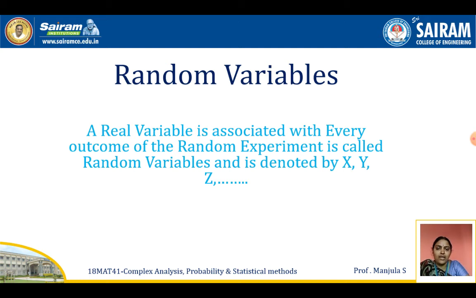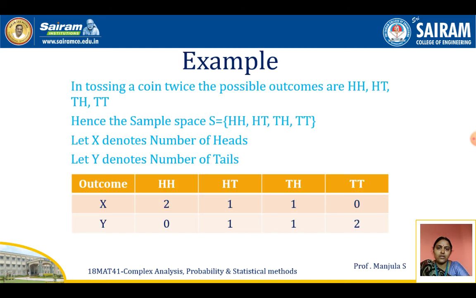So already I explained about random experiment. If you go for any random experiment, we will get some outcomes. Instead of writing those outcomes in words, now I am going to use some real numbers. So if I use real numbers to represent the outcomes of the random experiment, then we are going to call that a real random variable.